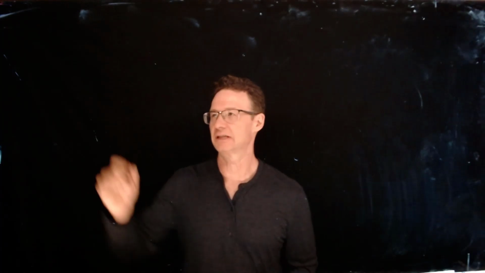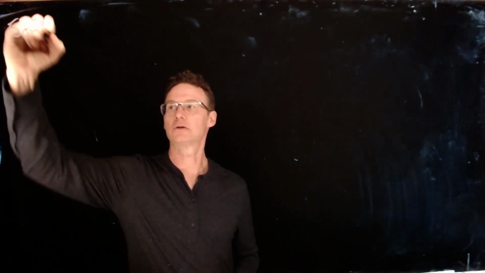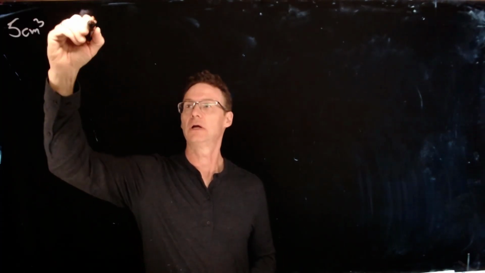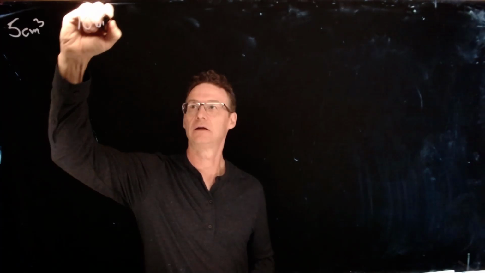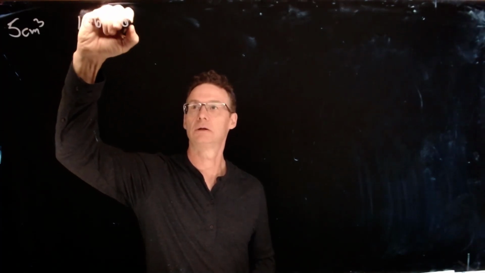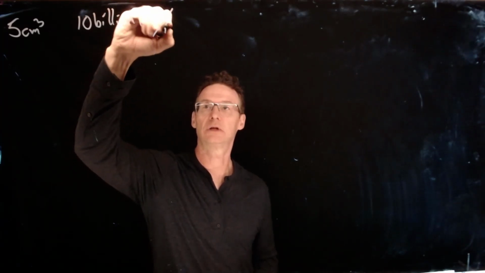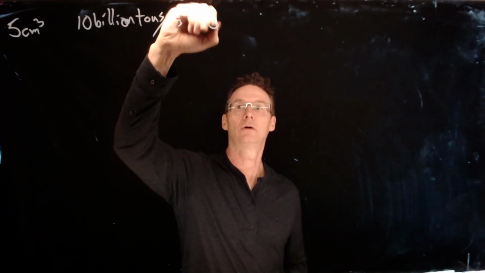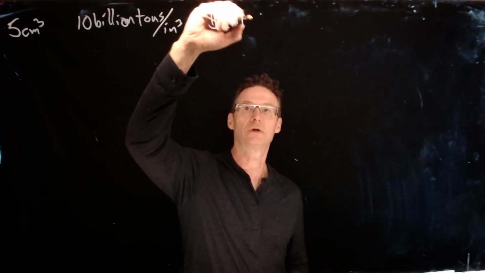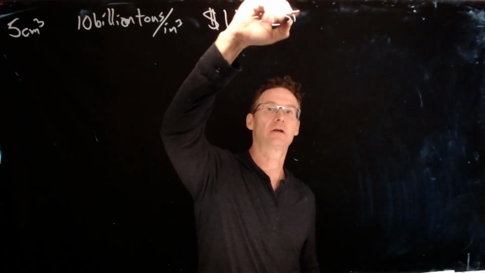All right, let's take a look. So if we've got 5 cubic centimeters of our sample, and we said that a neutron star has a density of 10 billion tons per cubic inch, and it's $1.11 is 1 Swiss franc.